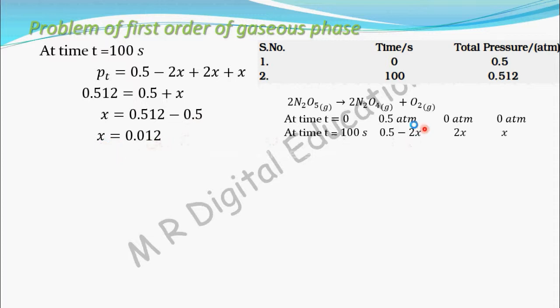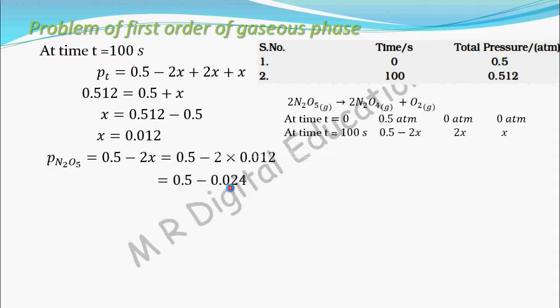So substitute in this to get the pressure of N2O5 after 100 seconds. So P of N2O5 equals 0.5 minus 2x, that equals 0.5 minus 2 into 0.012. Simplify this one. 2 into 0.012 is 0.024.